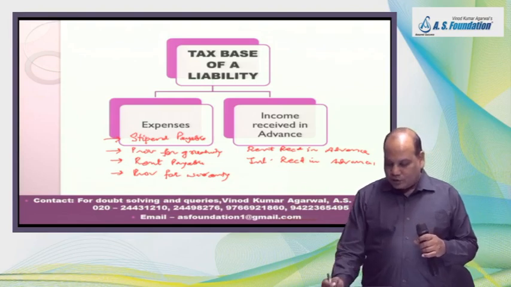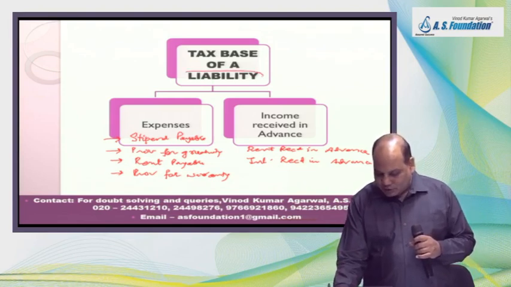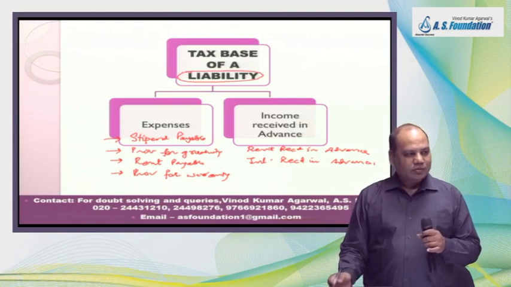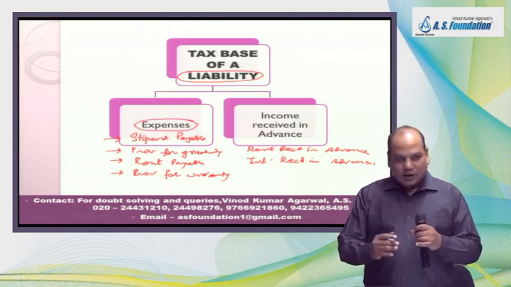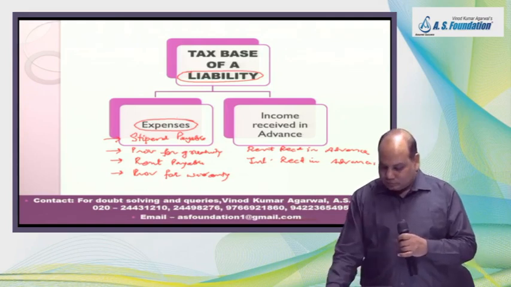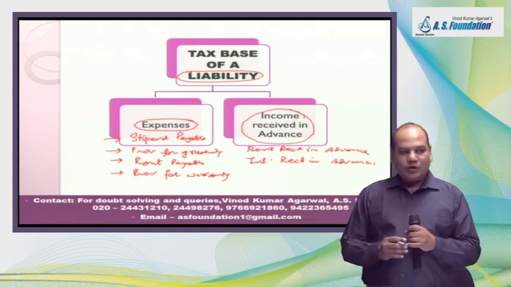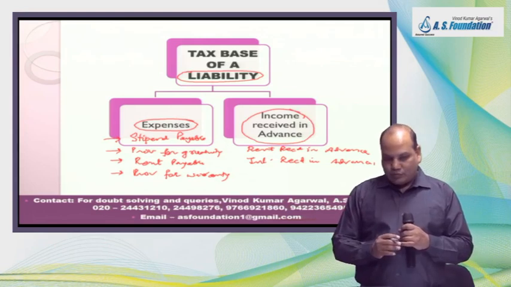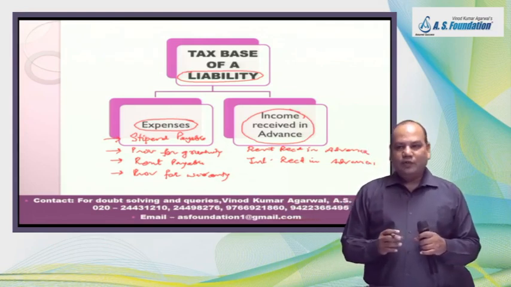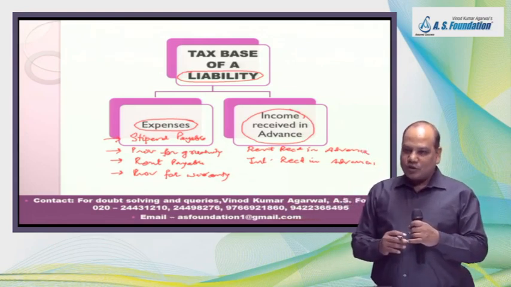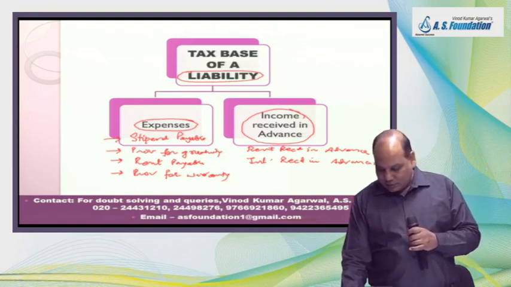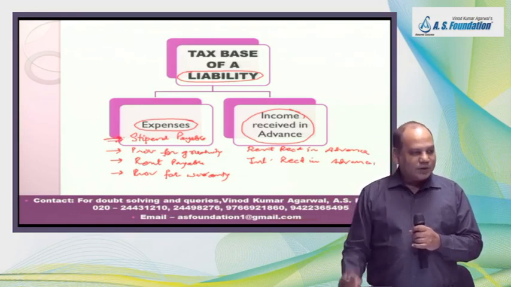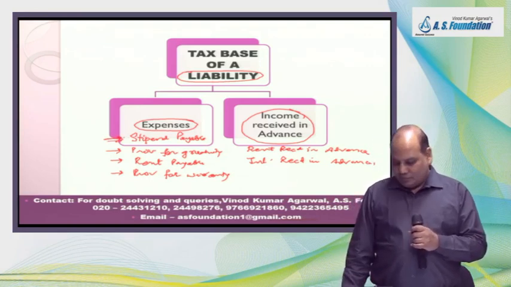So first of all, when I read a question, I have to check whether it is an asset or a liability. Liability: whether it relates to an expense which is payable or an income which is received in advance. Because the tax treatment varies from jurisdiction to jurisdiction. Like in this example, stipend payable will be allowed as an expense under tax law.